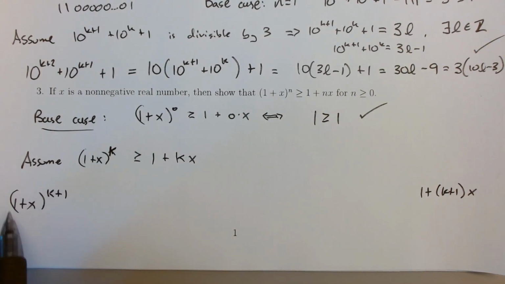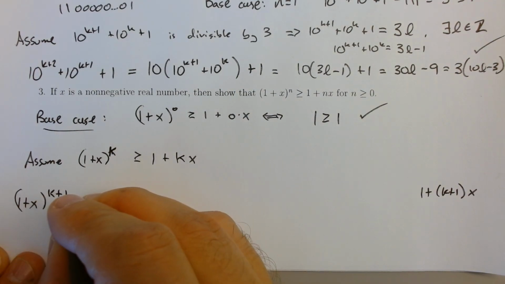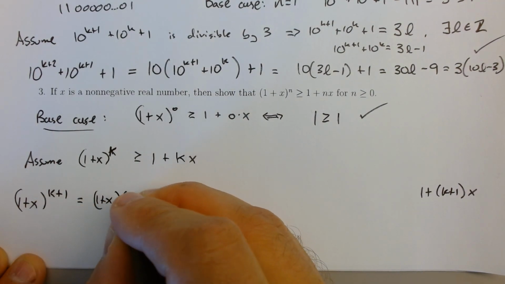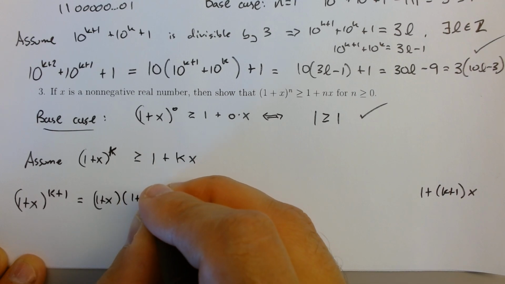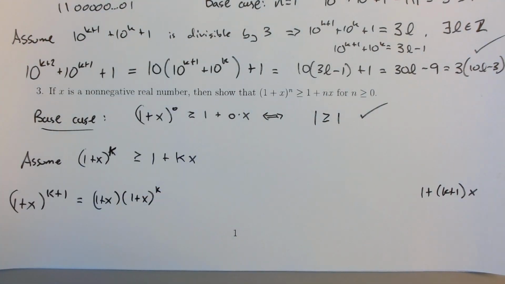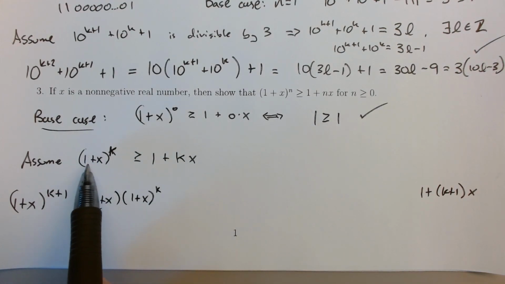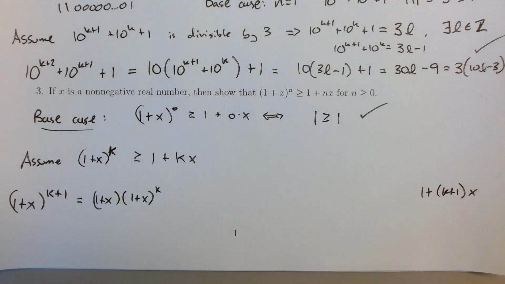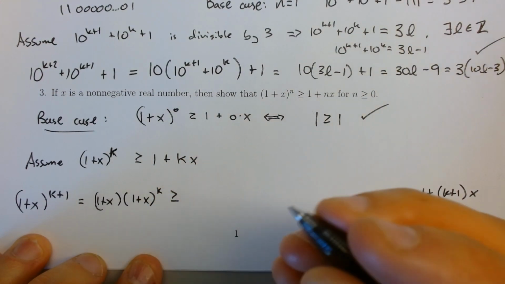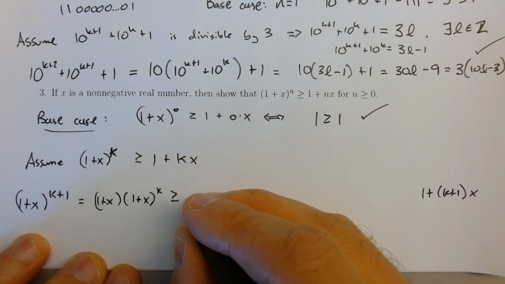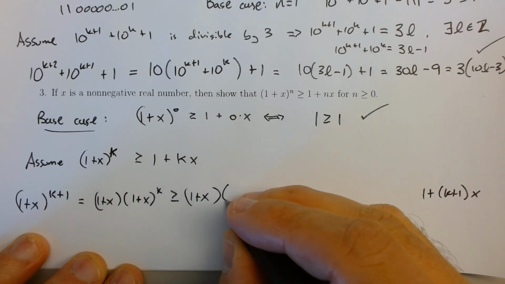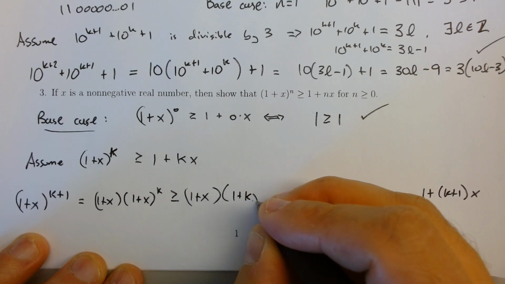Okay, well, starting here, I can certainly break this up into 1 plus x times 1 plus x to the k, just rules of exponents there. And I do that because now I know that 1 plus x to the k is at least as big as 1 plus kx. So I can say this is greater than or equal to 1 plus x times 1 plus kx.